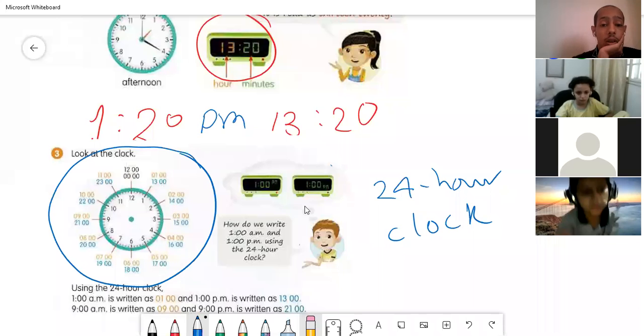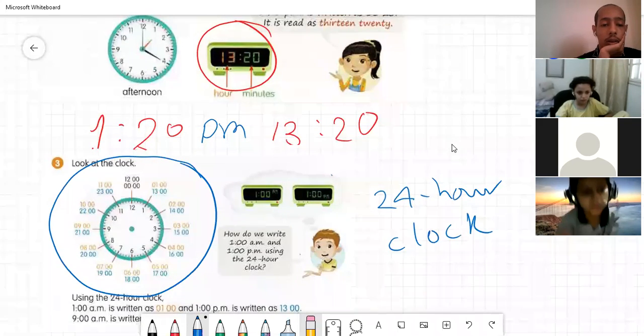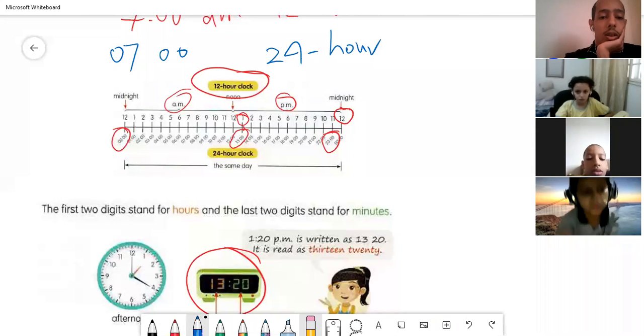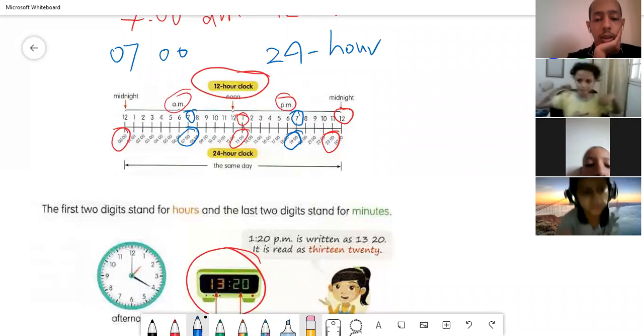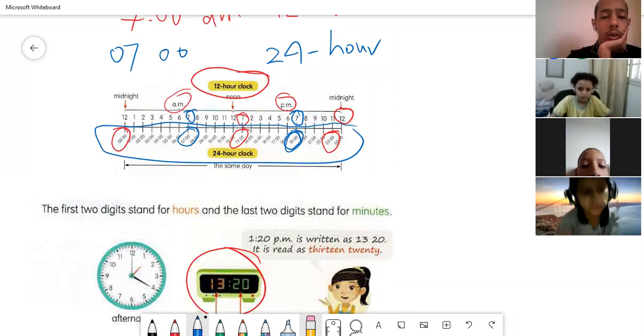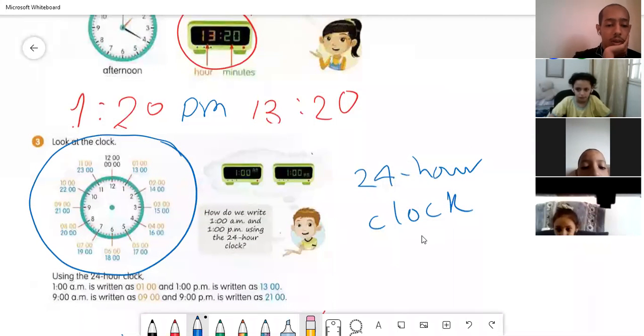Okay. We can easily look at the timeline. For example, 7. Okay, here's 7. It might be 7 or it might be 19 in the 24-hour clock. You see? So from this clock, where's 7?